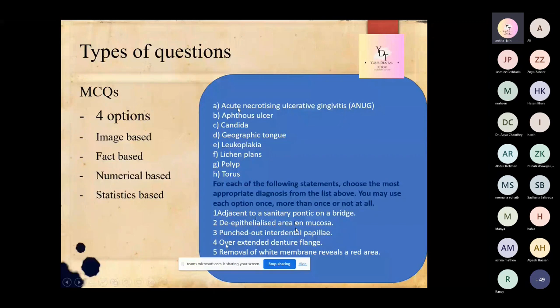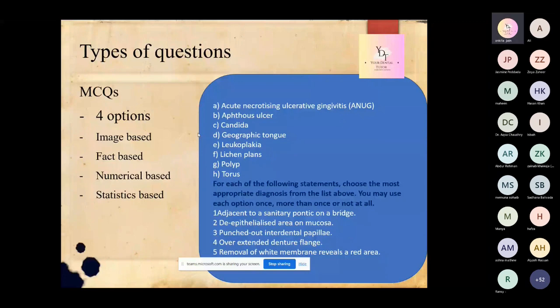For 5 conditions, you have 8 options, and from these options, you need to pick for each condition. So that's how EMCQs are asked. These 2 types are majorly asked in both ORE and LDS.